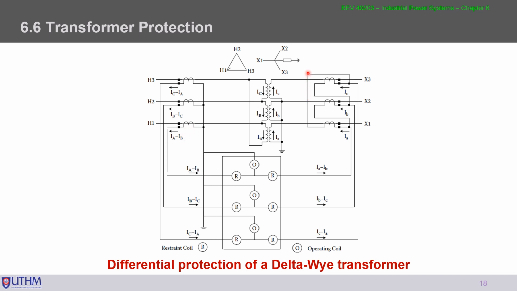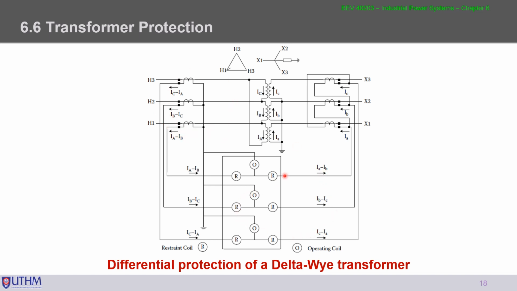While for the secondary side, the phase currents, which are ic, ib, and ia in small letters, are the same as the current at the current transformer, because of the Y or star connection. This one is because of the delta connection.